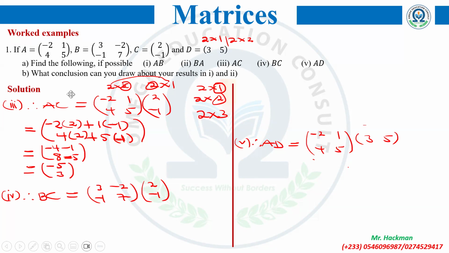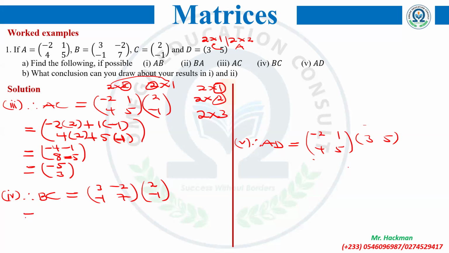AC is what we have done. I asked you CA. So this is for CA. I asked you to find out whether CA will be possible. Do you get it now? Yes, please. All right. So that wasn't part of the question, but I just brought it in just for you. Make sense. So now quickly, let's go and look at the BC.